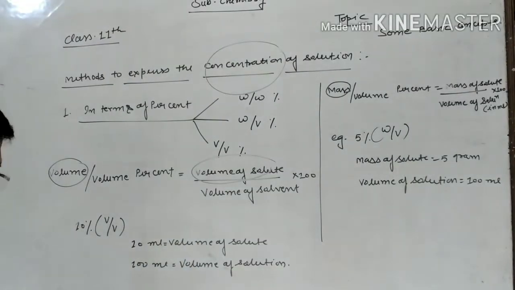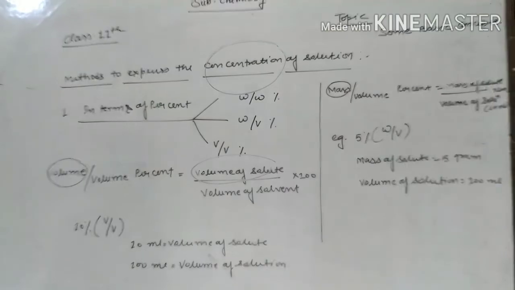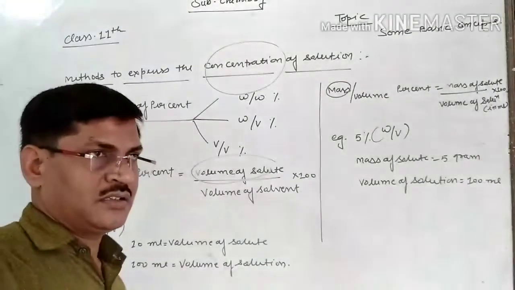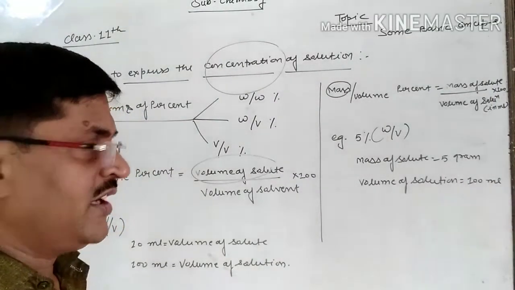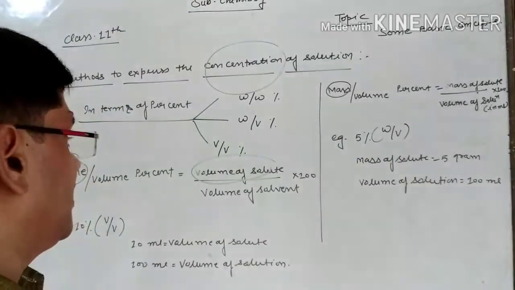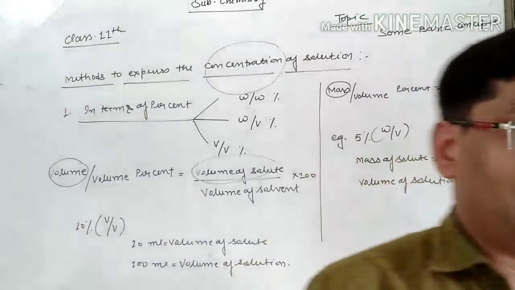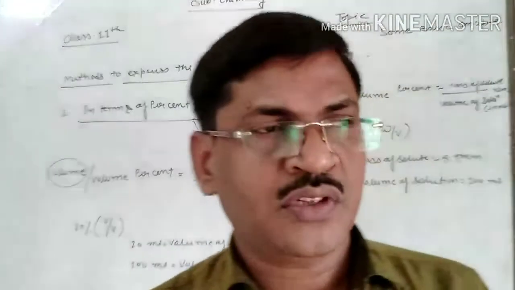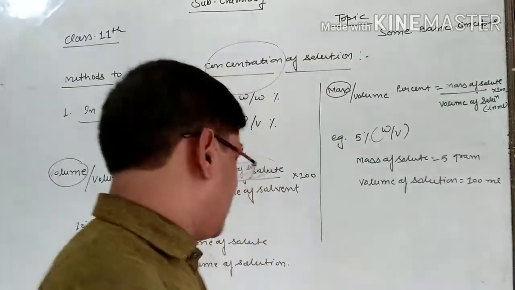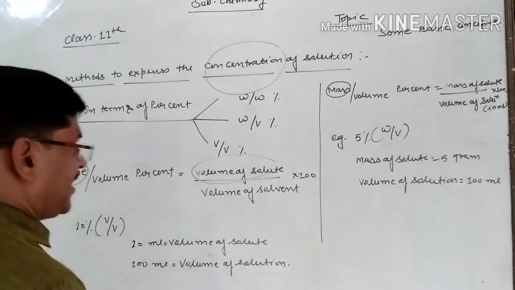So in this way, all three methods represent concentration in terms of percentage. After that, there are some other methods by which sometimes the concentration of a solution has to be represented. Suppose strength in gram per liter.